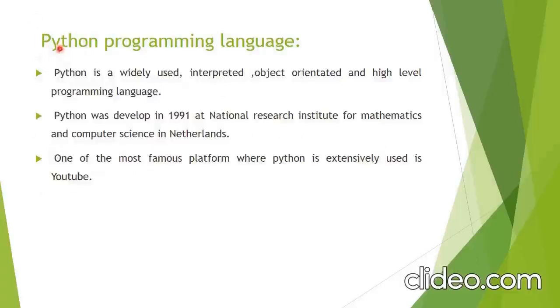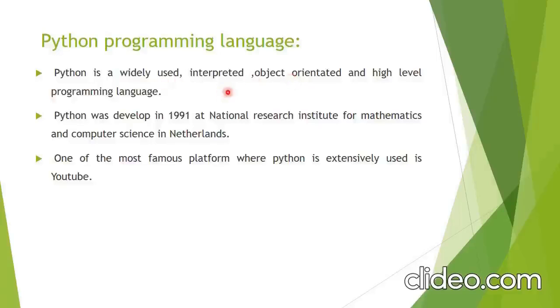Now in this chapter we discuss what is Python and how to write code in the Python programming language. Python is a widely used, interpreted and object oriented programming language.